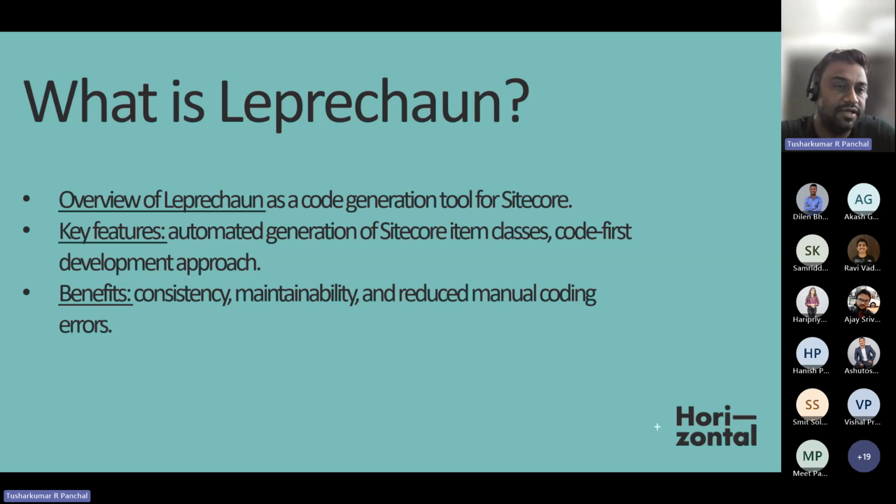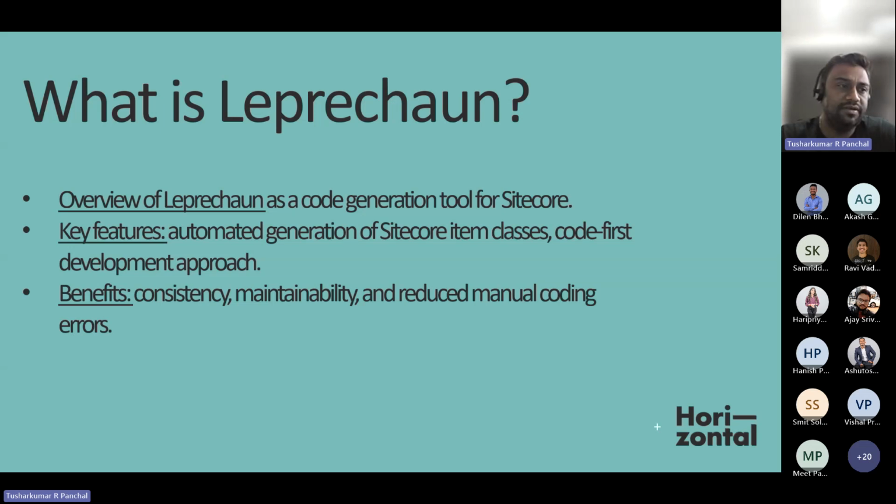The key feature of Leprechaun is that it automates the generation of Sitecore item classes. Whenever you create a template and start your functionality, you need a model where you store your data.